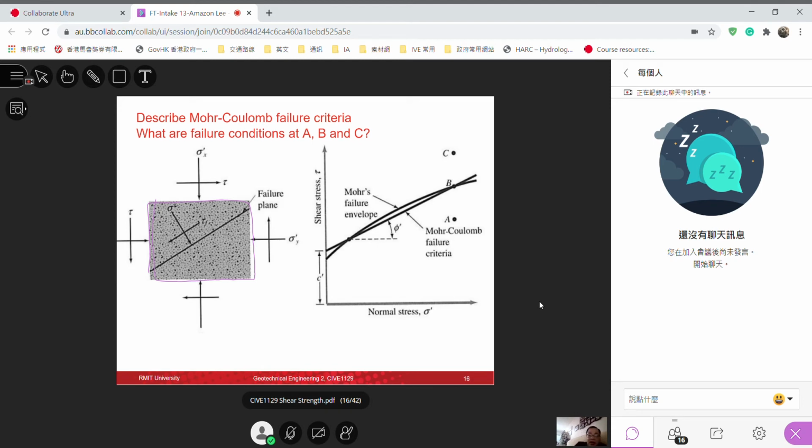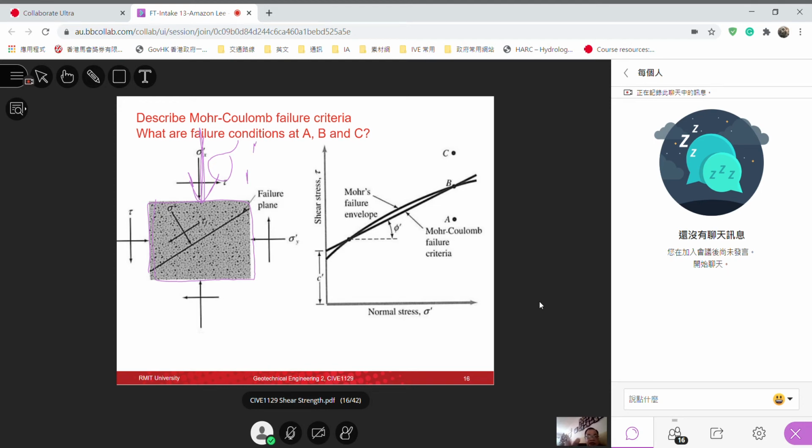For simplicity, we cut it as a square element. We may have a principal stress in one direction.